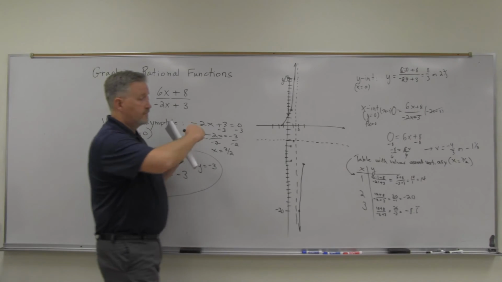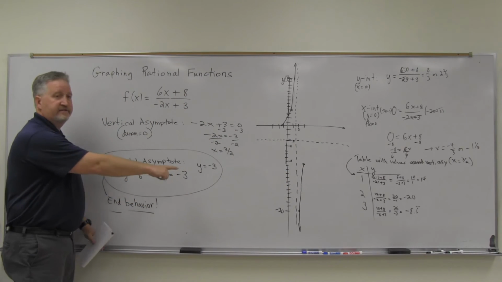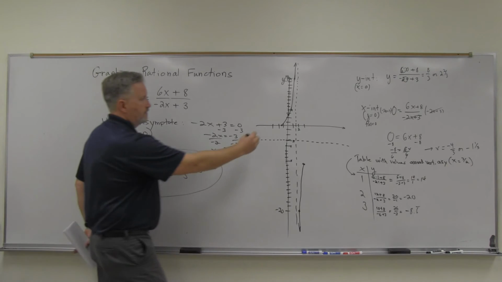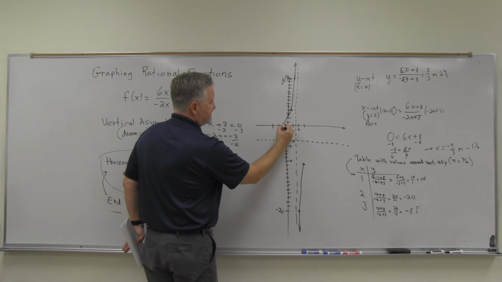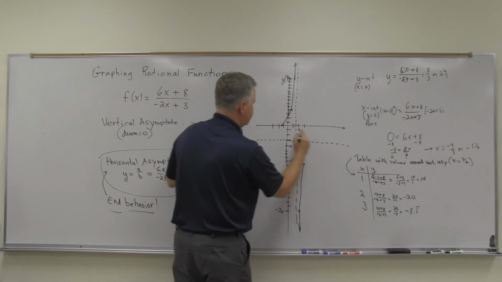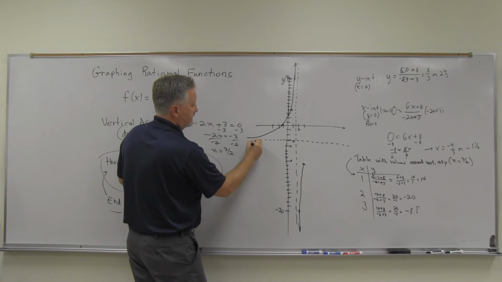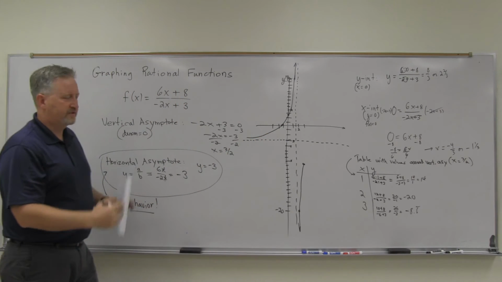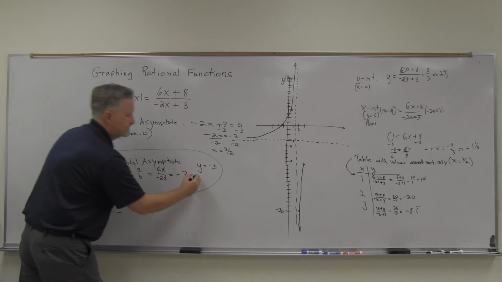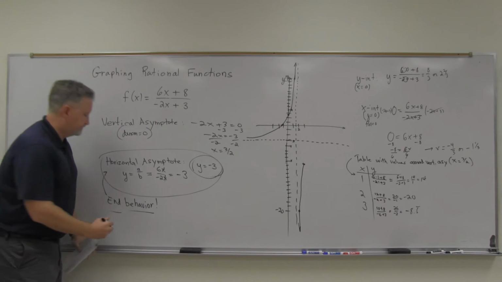All right, and so whatever happens in the middle here, on the ends it's going to come close to this horizontal asymptote. So to fill in the rest of this graph, it's got to come to this line on the ends. This point's got to come in, it's going to swoop on down and level off. That's another way we can put it, the end behavior. That tells me where it's going to level off. This is where our graph is going to level off on the ends. Okay?